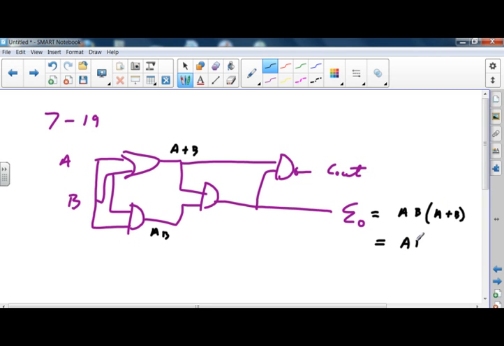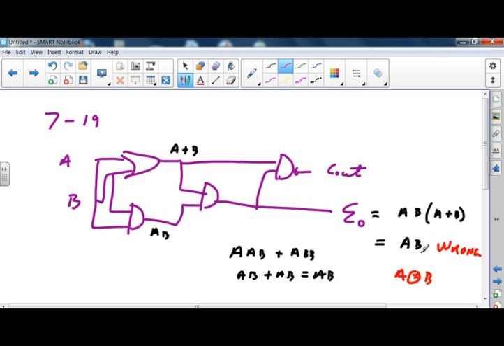AB plus A, AB, or A, B, or AB, which is AB, also known as wrong, right? Because the summation is supposed to be A exclusive or B, and it's not. So the summation guy is wrong, and we don't have to continue.